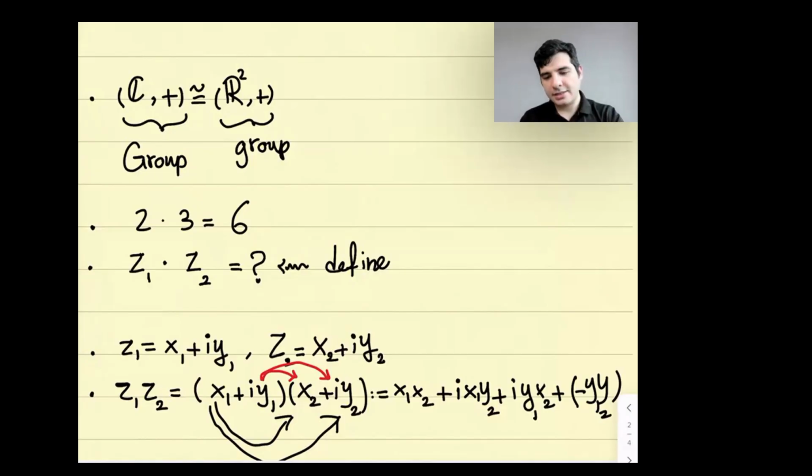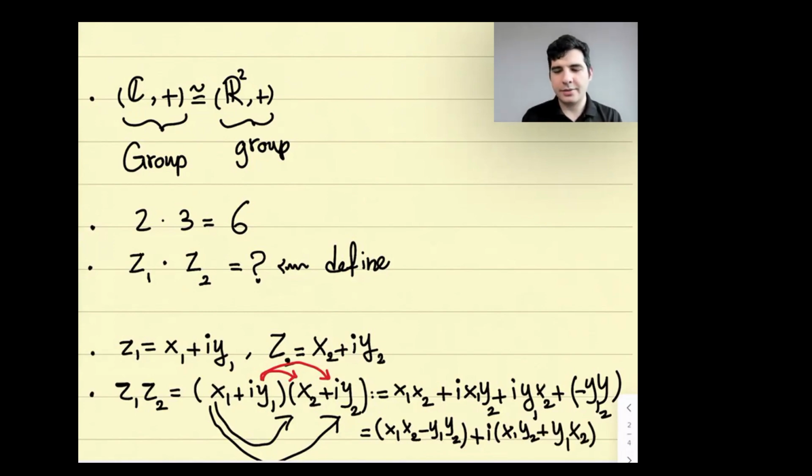Okay, so what is the result? We have a real part, which is x1 x2 minus y1 y2, and we have an imaginary part. The imaginary part is x1 y2 plus y1 x2, right?